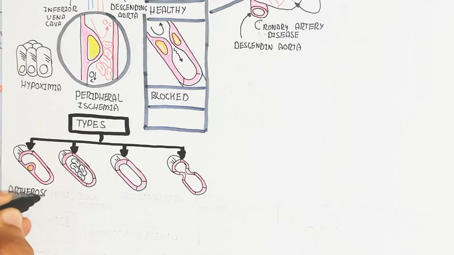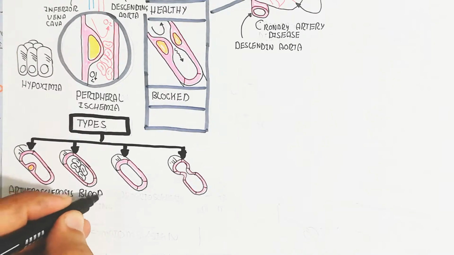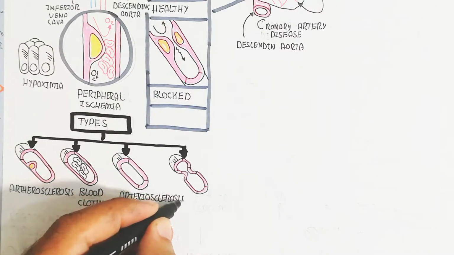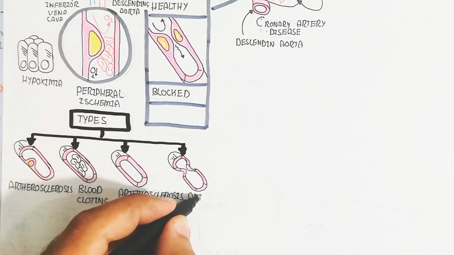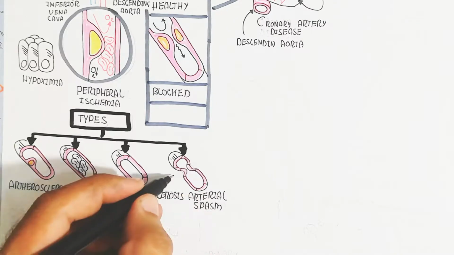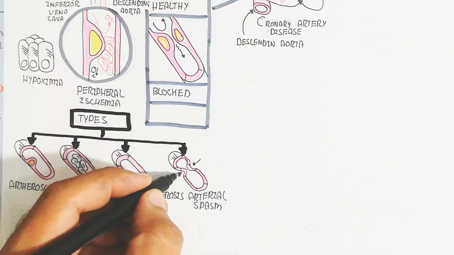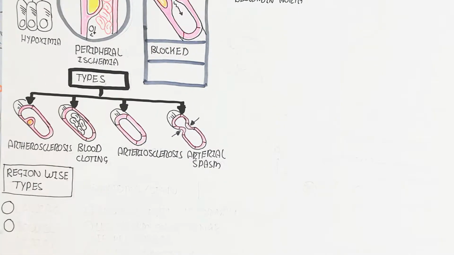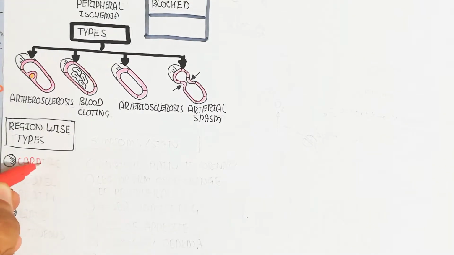The types of blockage are arteriosclerosis, blood clotting due to thrombosis, and arteriospasm. The hardening or basically collapse of the artery is known as arteriospasm.